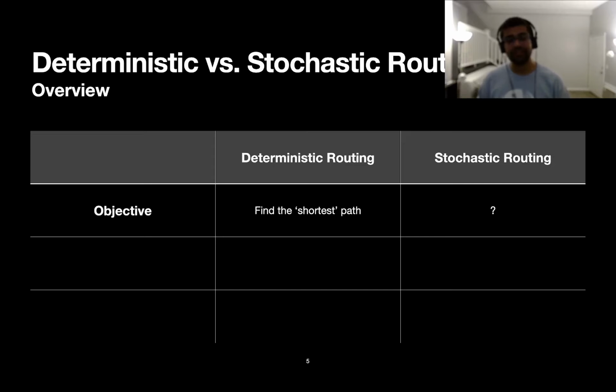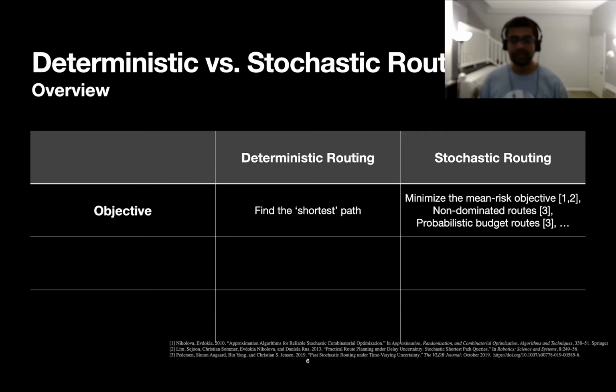But stochastic routing turns out to be a much more complex problem. While the deterministic routing has a straightforward objective, that is to find the shortest path in a graph, it is not immediately clear what the shortest path in a stochastic graph even means. Perhaps not surprisingly, there's a wide array of prior work on defining meaningful objectives for routing under stochastic settings.